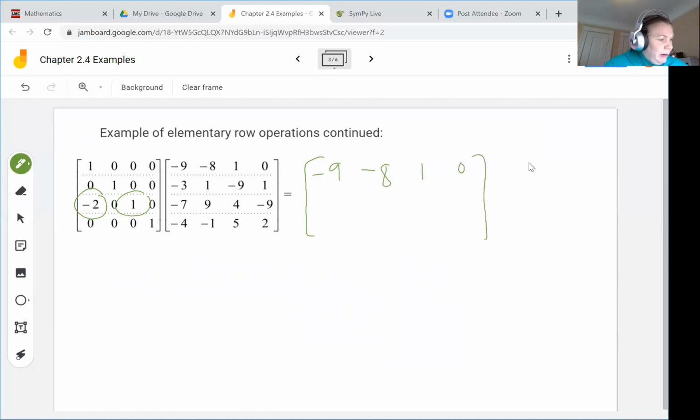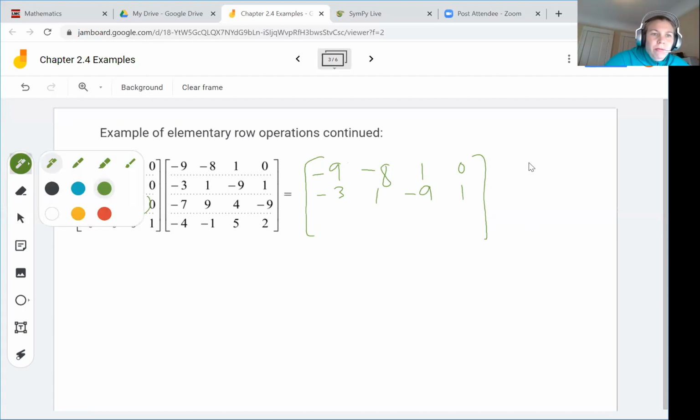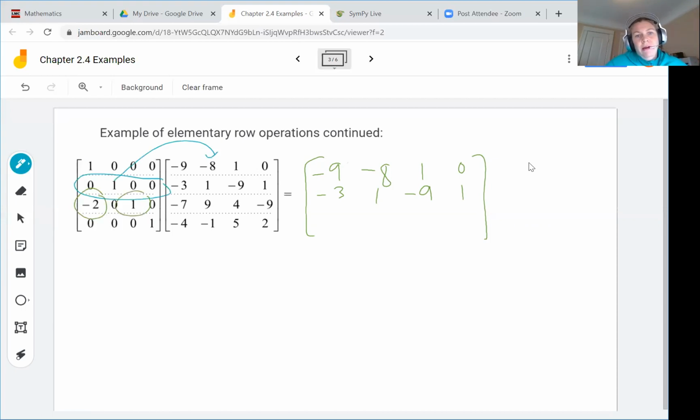The second row remains unchanged. We can do this multiplication in our head. You're, of course, welcome to check with technology, but you can see that when you multiply it through, you're going to get unchanged values there. So you can see how row 2 stays the same.